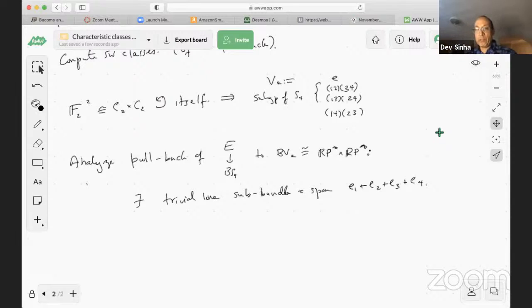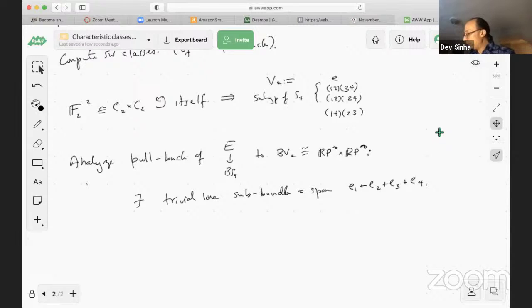This sum is going to be fixed, and its span then defines a subbundle of E. And it's a trivial line bundle. That vector doesn't go anywhere, so I can take a section whose values is exactly this E1 plus E2 plus E3 plus E4 over BV2, and a line bundle with a section is trivial.